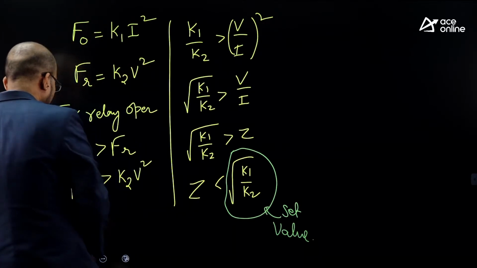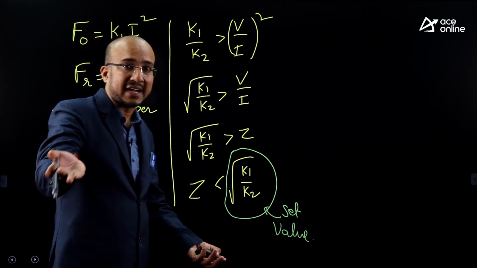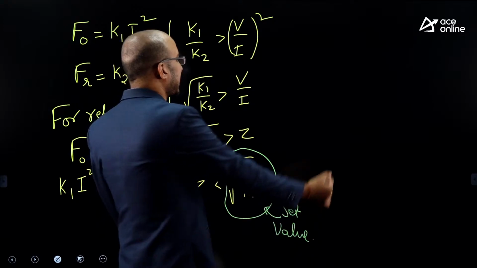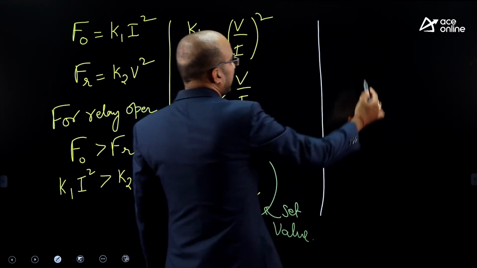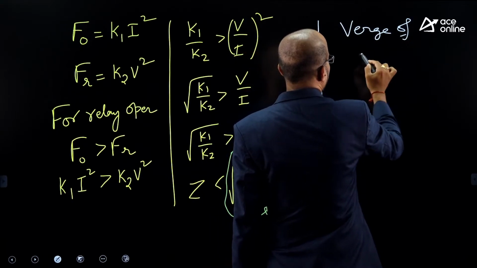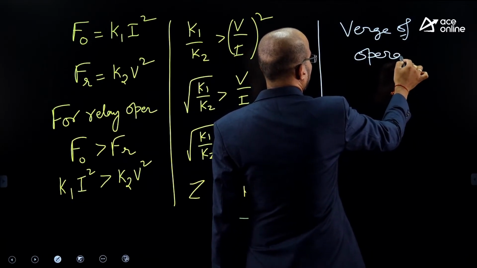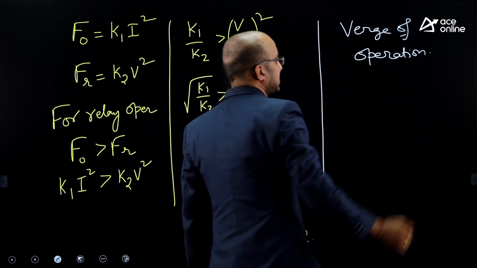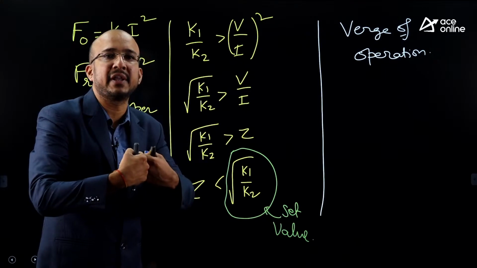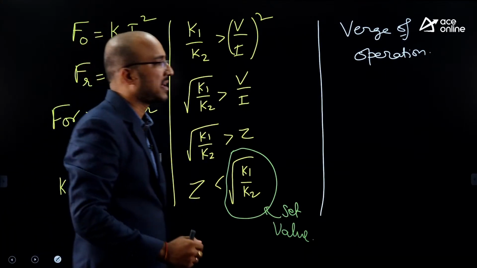Okay. Now what is the characteristic of this impedance relay in the RX plane? For that we will consider a boundary condition, that is at the verge of operation. At the verge of operation, both operating force and restraining force are equal.